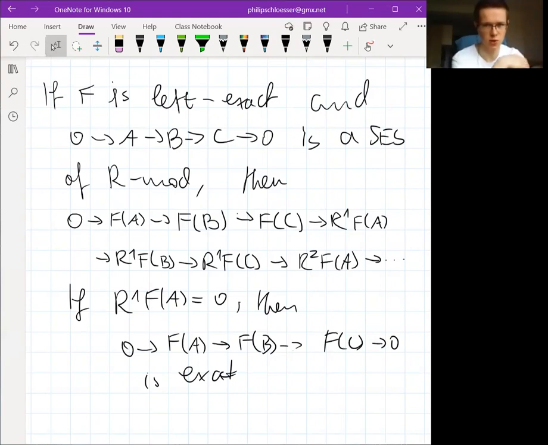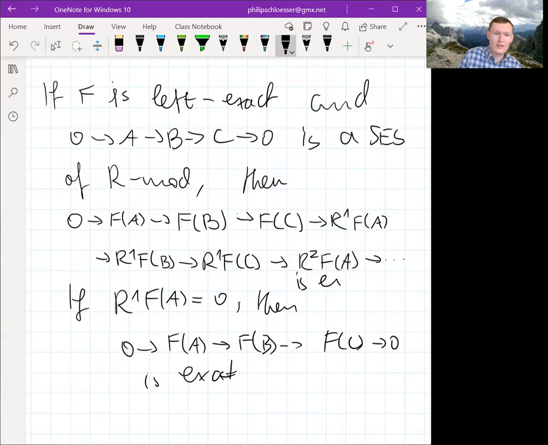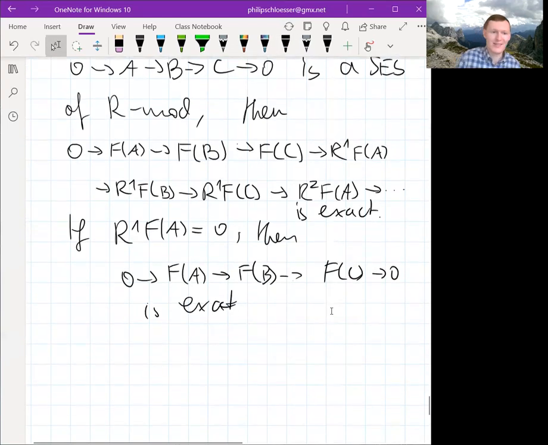So this long sequence is always exact. Sorry, I sometimes say stuff which I don't write down, but yes, the long exact sequence is exact.